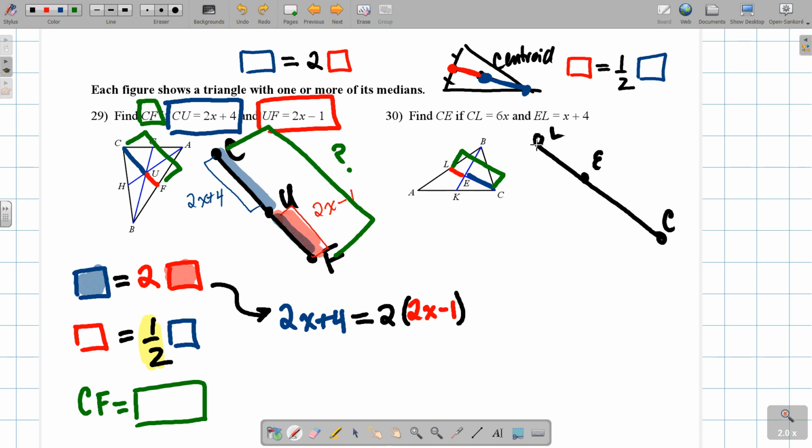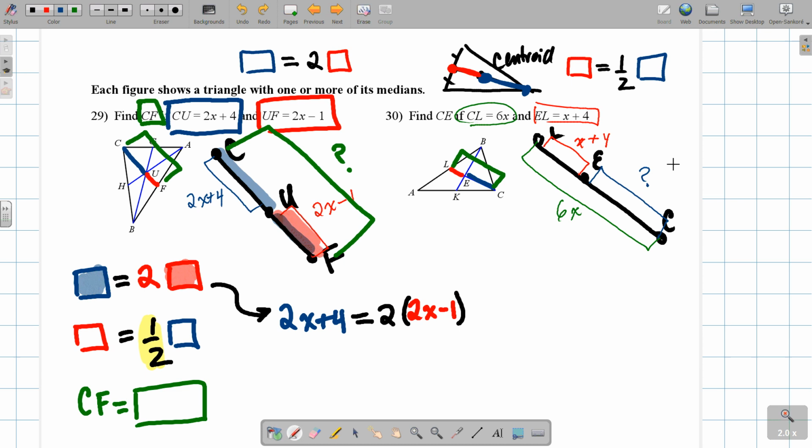We have the green, which is 6x. We have the red, which is x plus 4. And we ultimately want the blue, question mark.